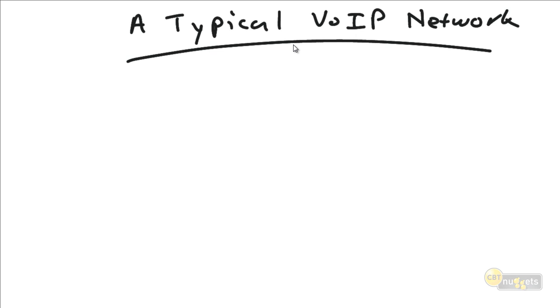Now, let's talk about a typical Cisco voice over IP network, right? There may be other vendors that do other stuff, but let's go ahead and just focus on what a Cisco voice over IP network might look like. If you see a router and that router's got a big V on it, it's what we call a PSTN gateway from Cisco.